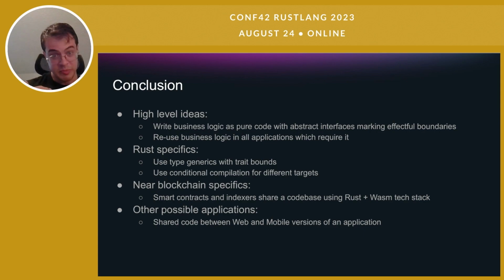And for the specific example that we talked about today, it was in the blockchain context, where Aurora has the EVM smart contract that is able to also be an indexer and share a code base, and this enables their low latency RPC for Ethereum compatibility. But as I mentioned before, there are other possible applications for this, for example, using the same code in web and mobile applications.